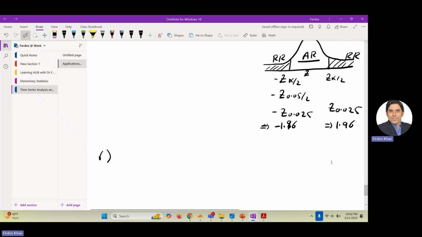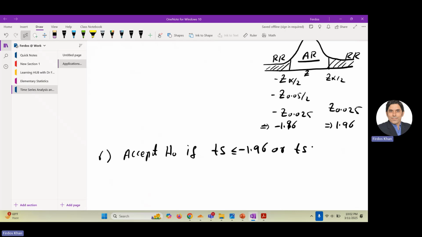So in this specific example, the rejection region is here and here. So we say accept H naught if the calculated test statistic value is greater than minus 1.96 and less than 1.96.